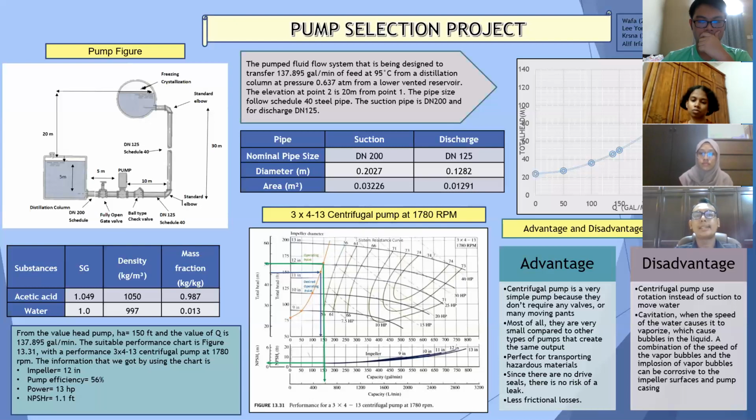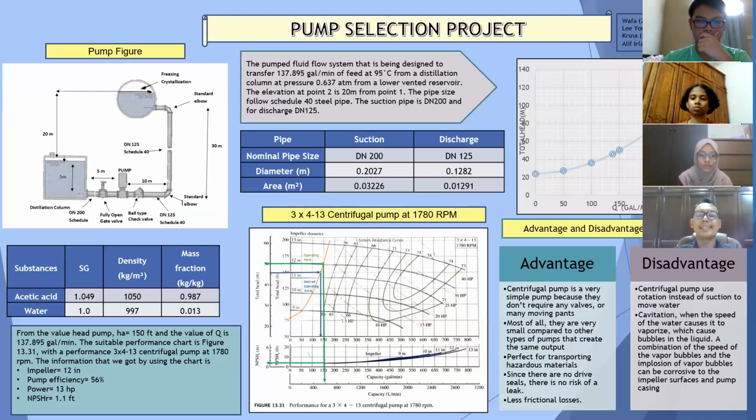In many pumps, when involved with the tube, the risk of developing a leak is very high. In this centrifugal pump, there are no drive seals, which means there is no risk of leaks. So it will help in the costing of the pump.